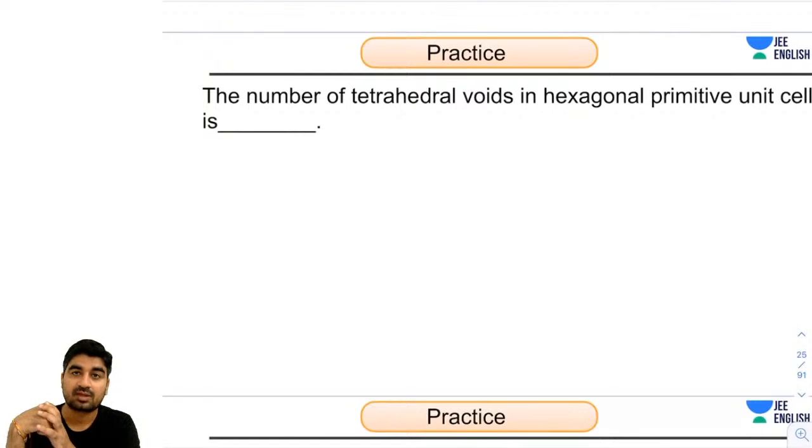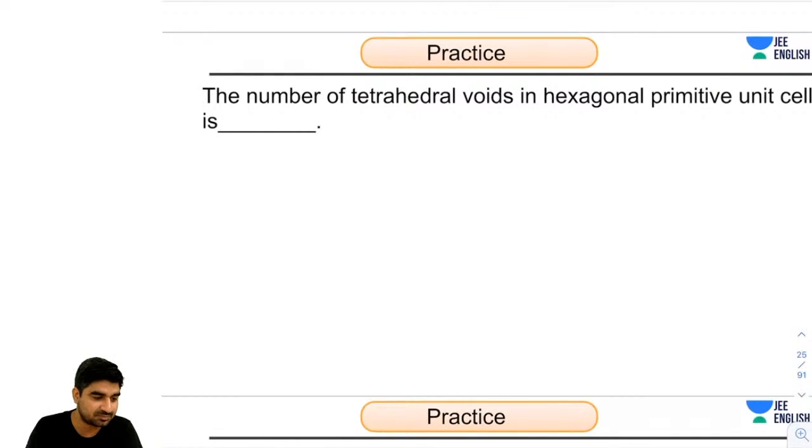Yes. The number of tetrahedral voids in hexagonal primitive unit cell is. How many tetrahedral voids will be there?